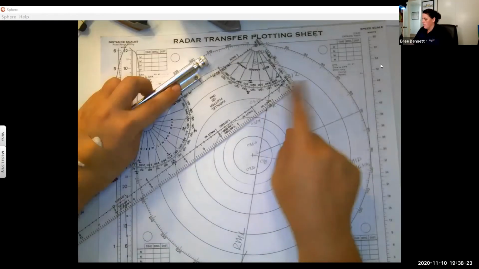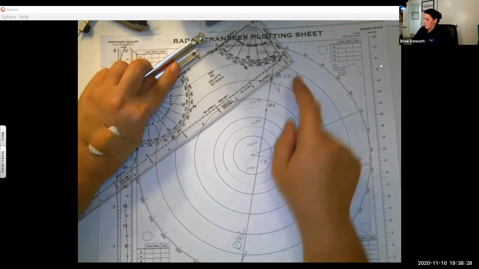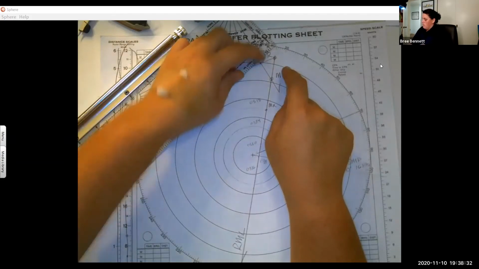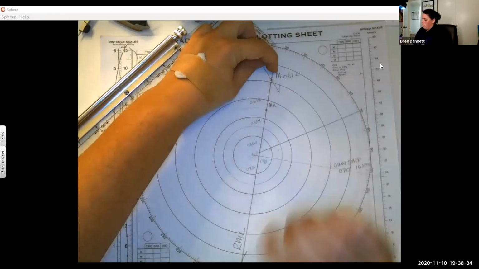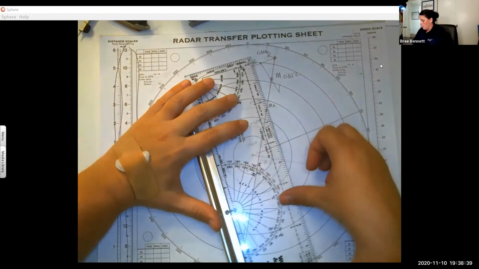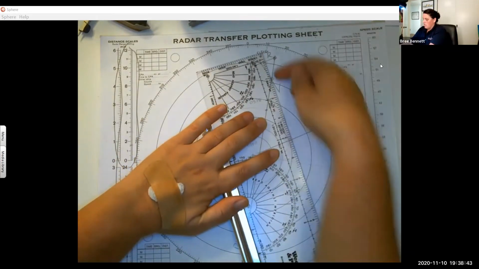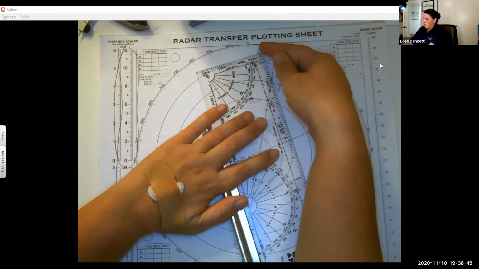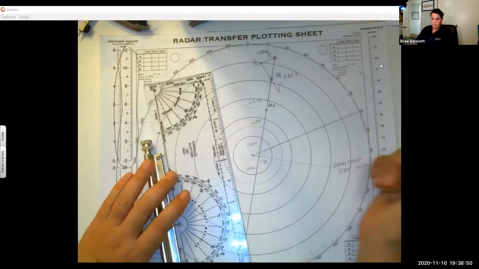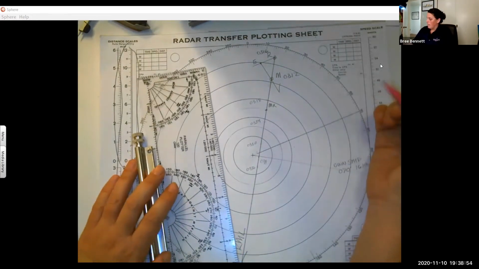Let me think about this for a second. That would be right. So I'd have to change it this way. Okay. I had to think about it there for a minute, which is totally fine.